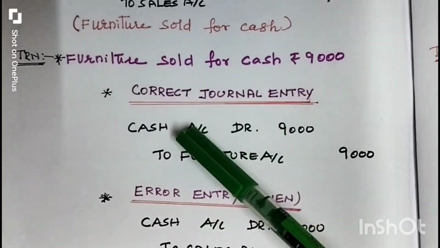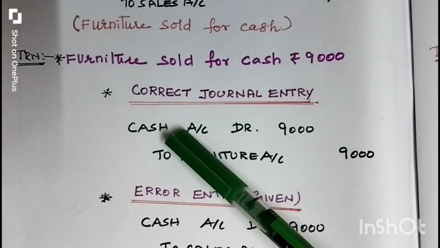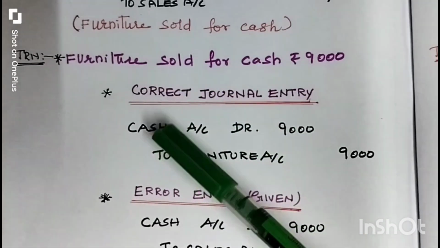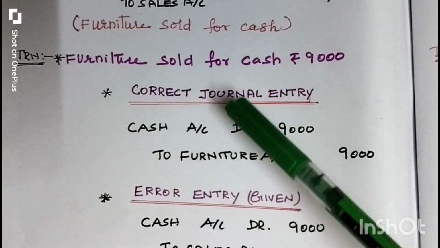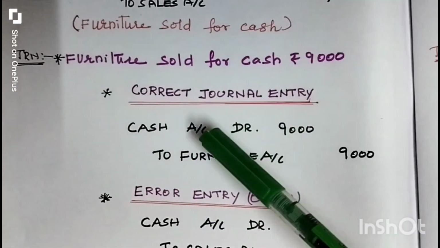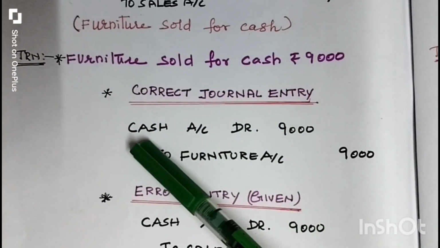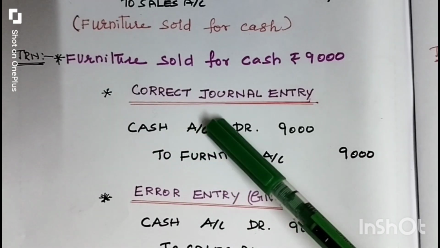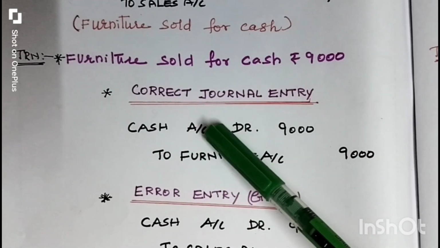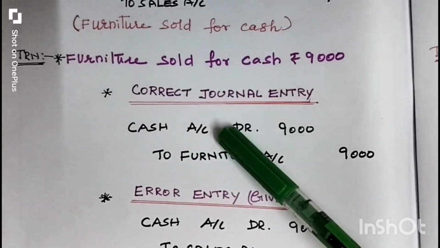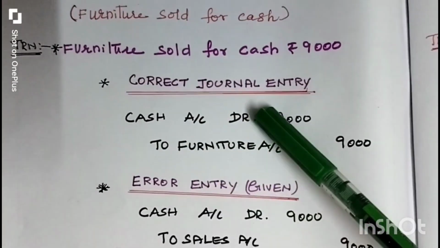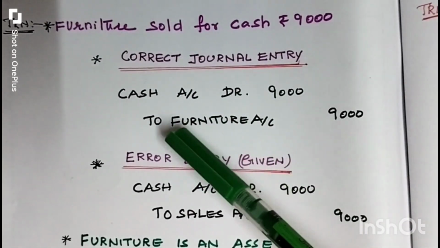Income increases, and revenue comes into your business because you sold something. Whenever cash comes in, the cash account increases, and you debit the cash account.